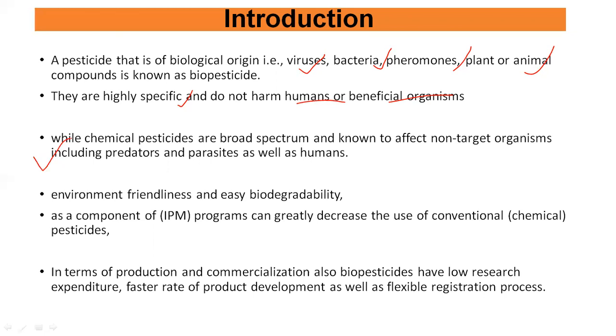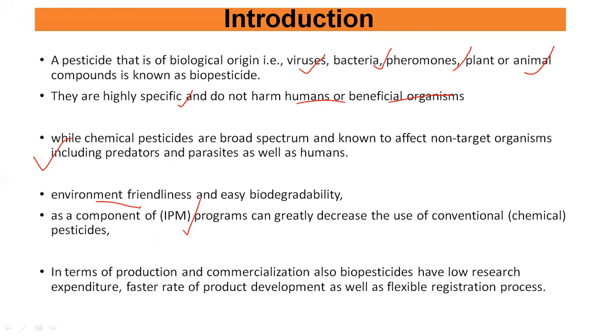If we recommend only biopesticide, it is very effective, has environmental friendliness and easy biodegradability, and it is one major tool in an integrated pest management program, which greatly decreases the use of chemical pesticide.